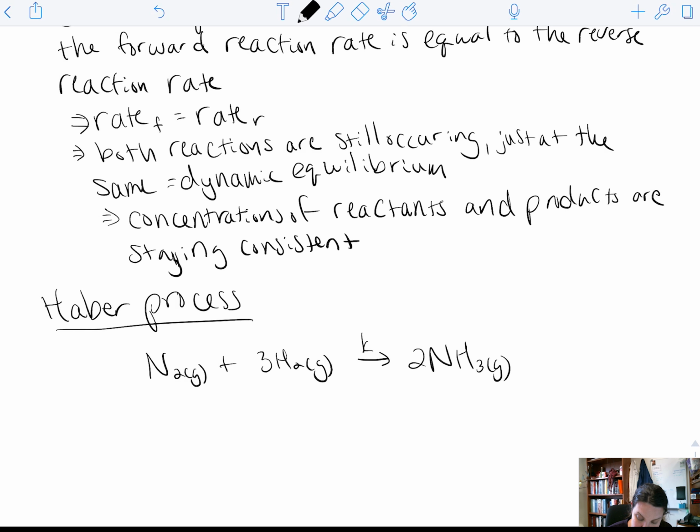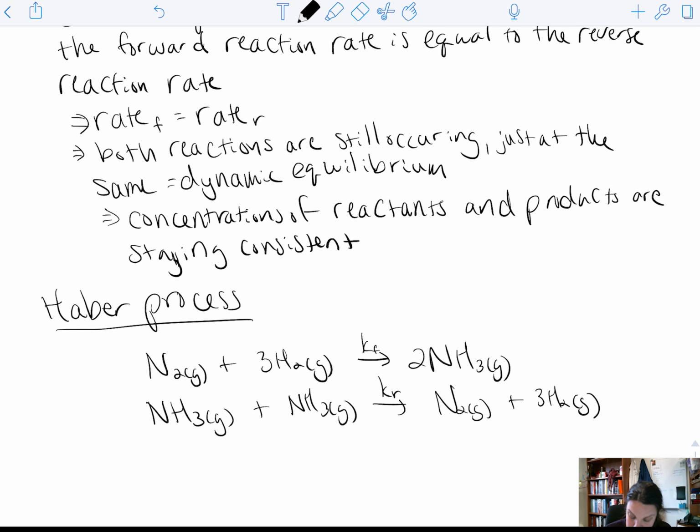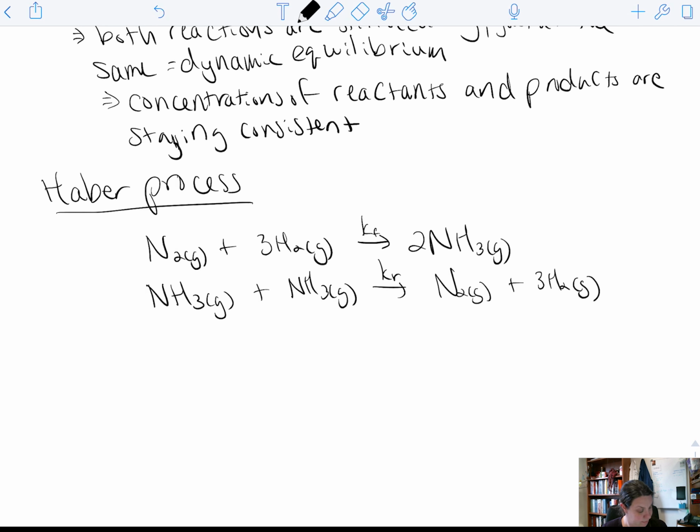I would say that the rate of that, we're going to call that Kf, and then two ammonia molecules react to produce N2 gas and H2 gas. So this would be our reverse reaction.